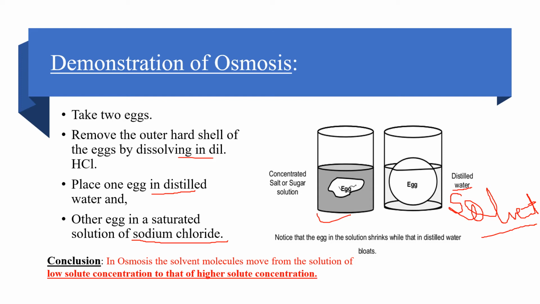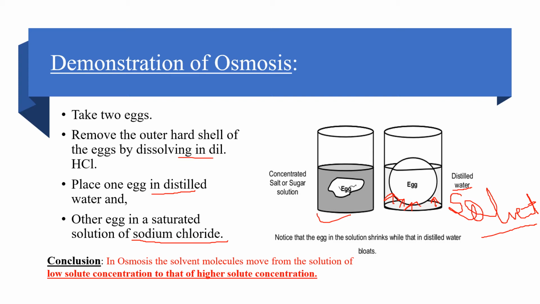In osmosis, the flow of solvent particles towards the solution takes place. So the solvent molecules of distilled water will move towards the egg side, the solution side, and with the help of the semi-permeable membrane, these particles can easily move towards the egg, and the egg will swell up.